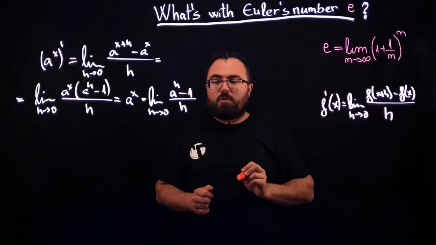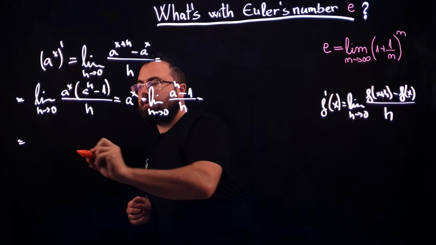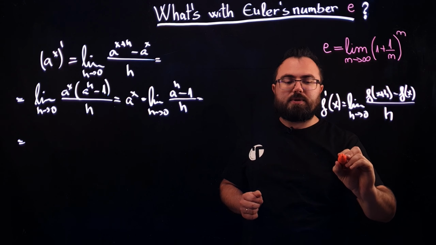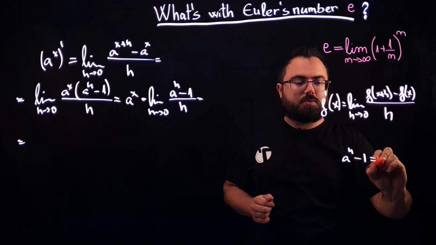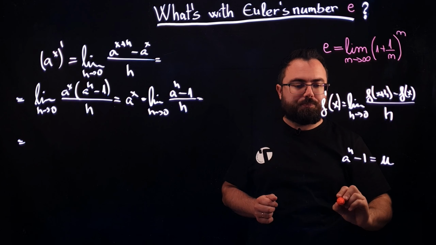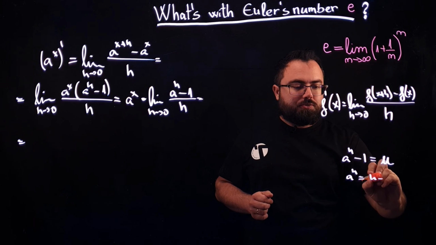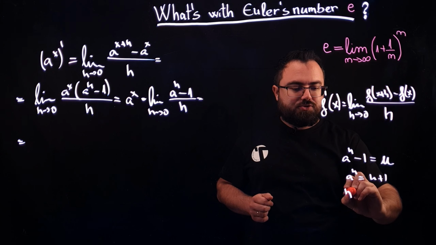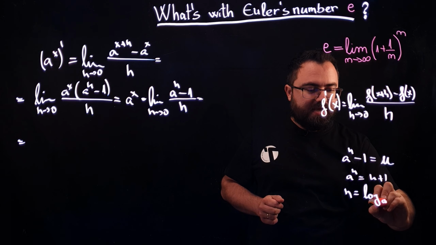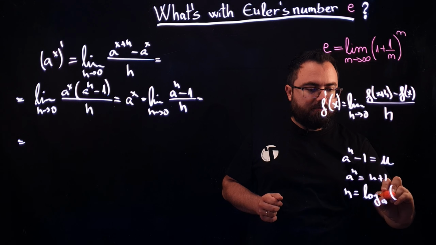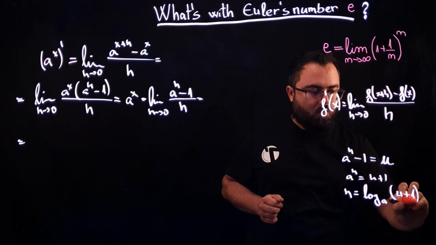We want to make a special substitution to move on with the calculation, and we have the following notation: a^h - 1 equals u. We then have a^h equals u + 1, and h will be equal to the logarithm in base a of (u + 1).